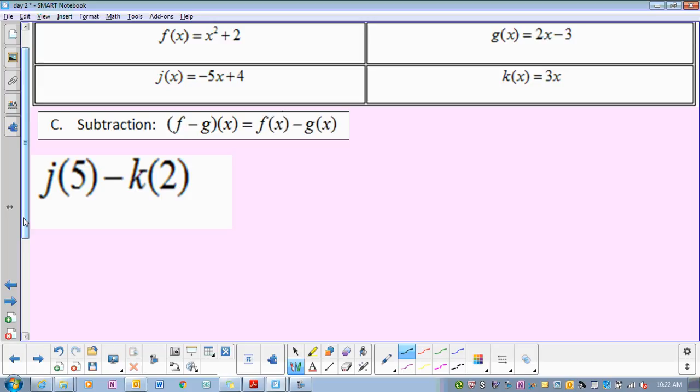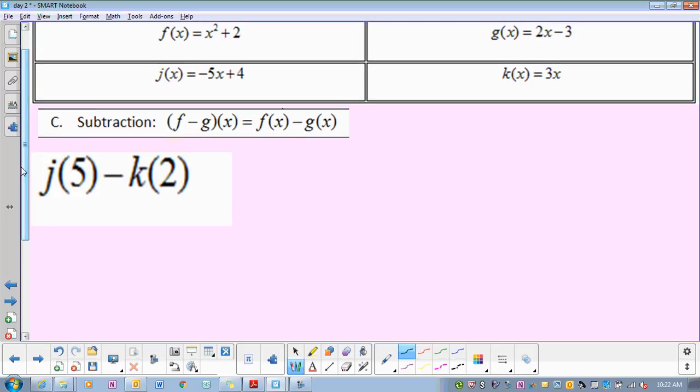We have j of 5 minus k of 2. Hey, we have numbers again. That means let's plug it in, let's get our two answers, and then we're going to subtract. Okay? So j of 5. I'm going to go get my j function, which is negative 5x plus 4. Negative 5x plus 4.